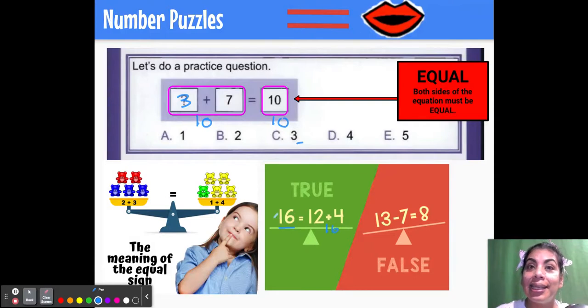So again, 16 is going to balance the 12 and the 4 because they have a value of 16 when put together, right? Here's an example of an equation that's false because 13 subtract 7 will not make 8. It's not going to balance that particular equation. Okay, so do know the meaning of equal and do know how to plug numbers into the equation so that you can check.